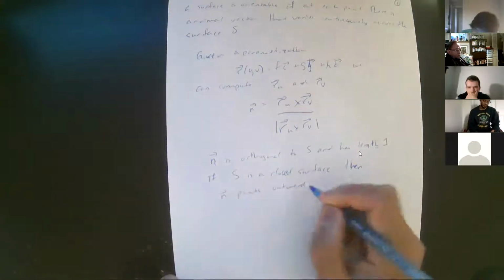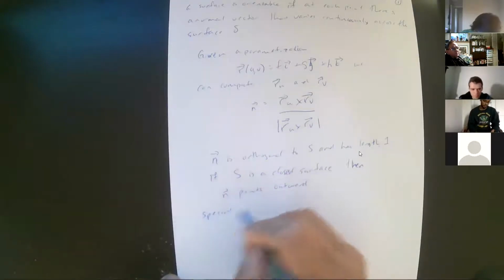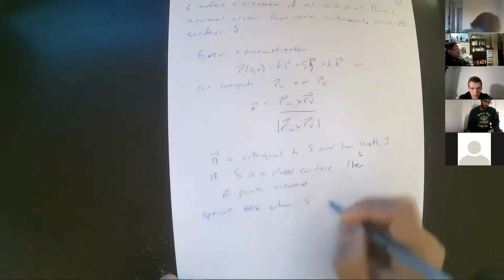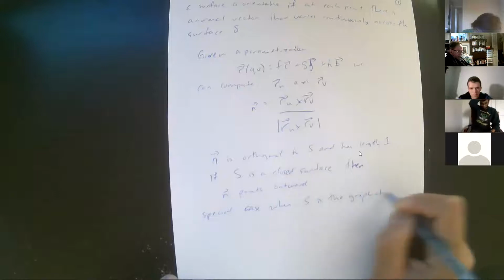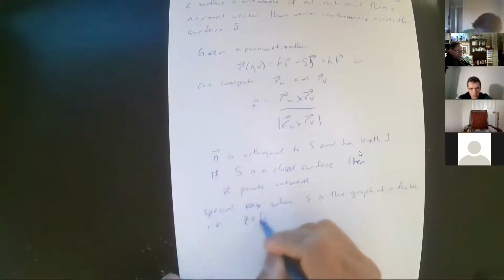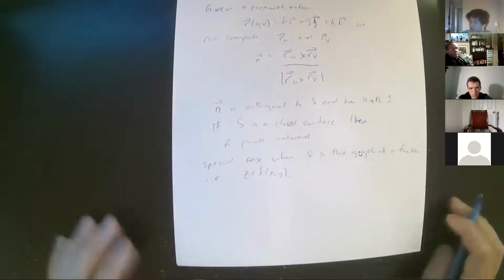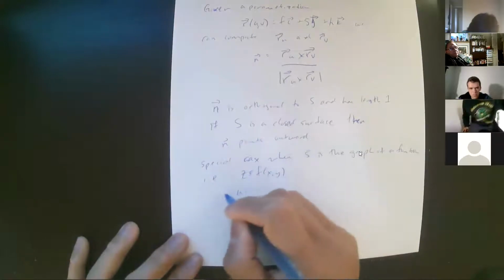There's a very special case which we should talk about, when S is the graph of a function, i.e. z is equal to f of x, y, right? If z is equal to f of x, y, then our parameterization looks like this.